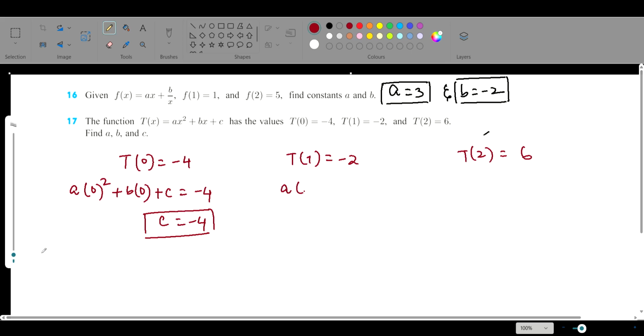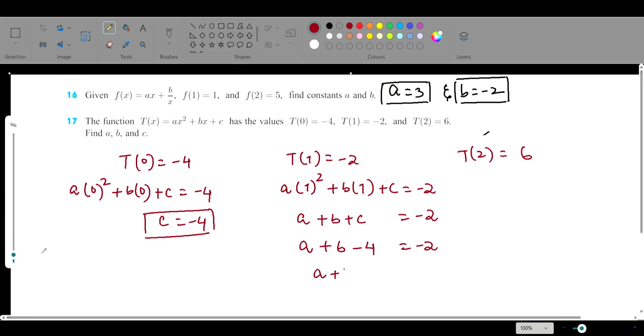T1 is A times 1 squared plus B times 1 plus C is equal to -2. So it is A plus B plus C is equal to -2. Since we already have the C, I'll do A plus B plus -4 is equal to -2. So it is A plus B = -2 plus 4, which is +2.